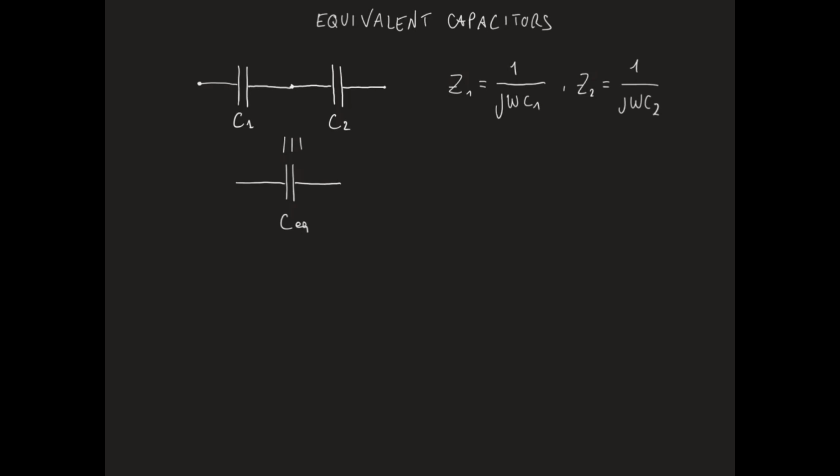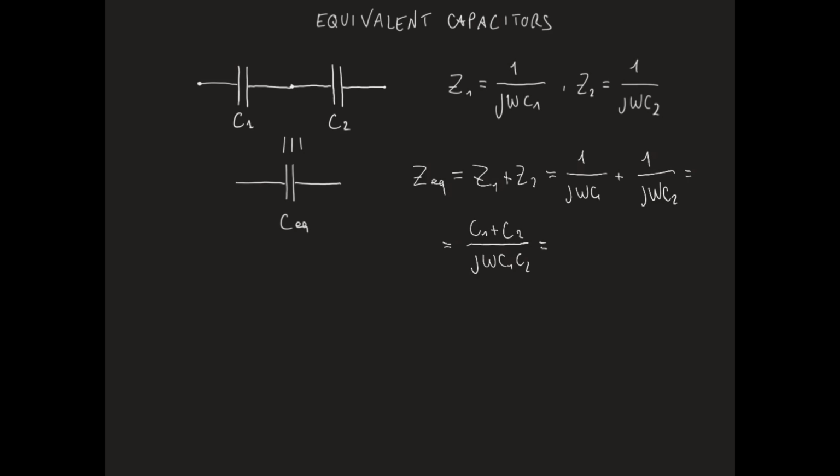According to the rules for equivalent impedances, the impedance associated with the equivalent capacitor will be equal to Z1 plus Z2, or 1 over j omega C1 plus 1 over j omega C2, which is equal to C1 plus C2 at the numerator, j omega C1 times C2 at the denominator.